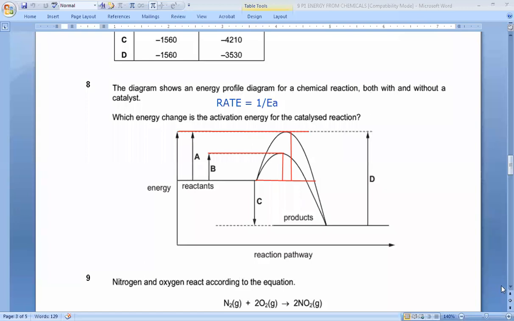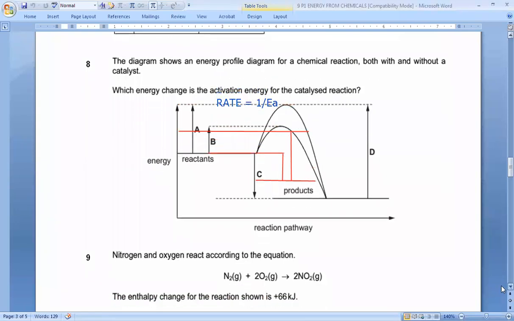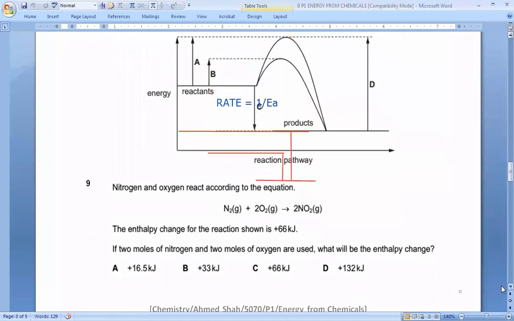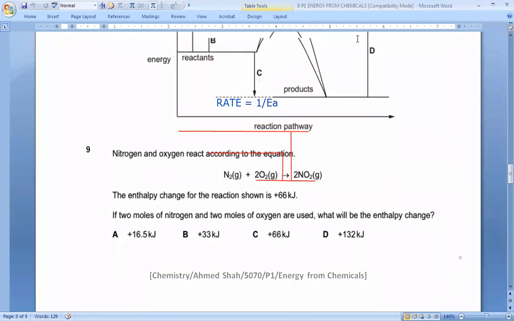Now we proceed to question number 9. This is a calculation technique. It's very simple. How can we calculate the answer for question number 9? Nitrogen and oxygen react according to the equation given.